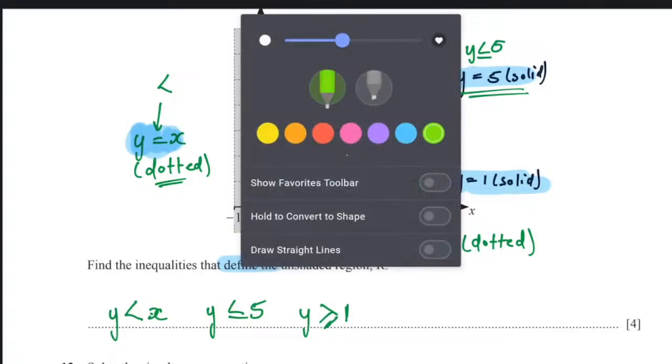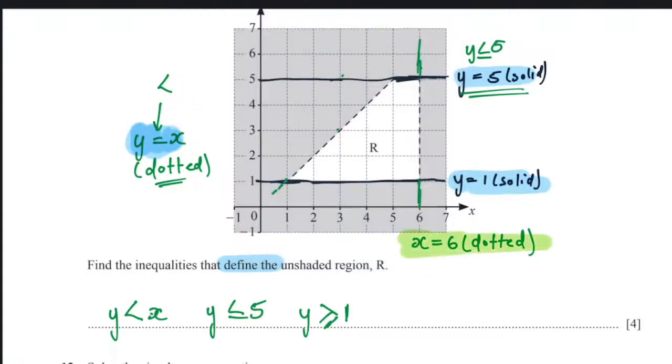Now you start going for the x values. You see the unshaded region. Is it to the left or to the right? If it's to the left, then x is less than. The unshaded, not the shaded, the unshaded. So you're going to see that, yes, this region R is to the left of this line, which is x equal to 6.